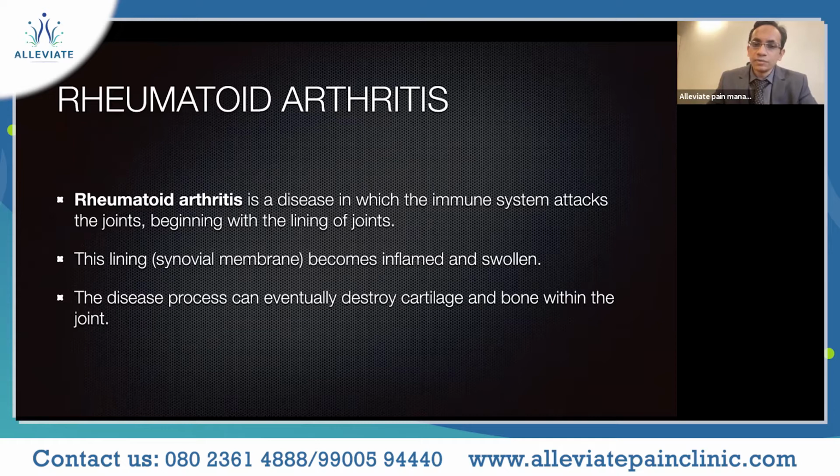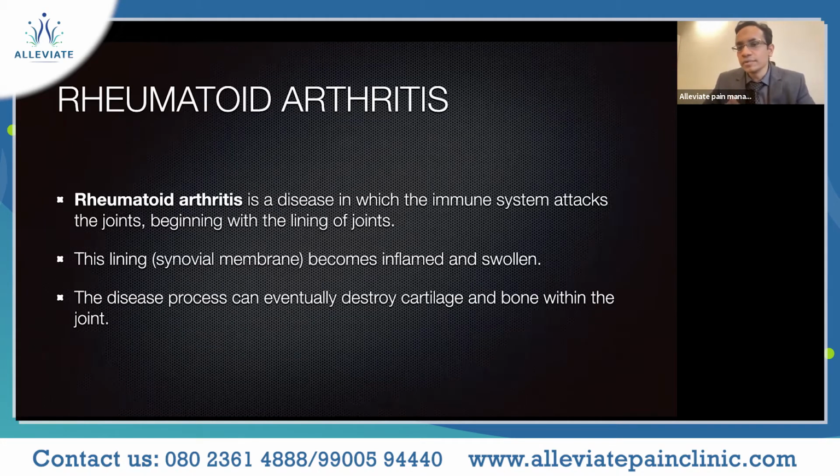The immune system starts attacking the joints. The body starts turning against itself. The immune system sends certain cells. It's a problem of the immune system wherein the lining, that is the cartilage, the synovium, all of this starts getting affected because of rheumatoid arthritis.